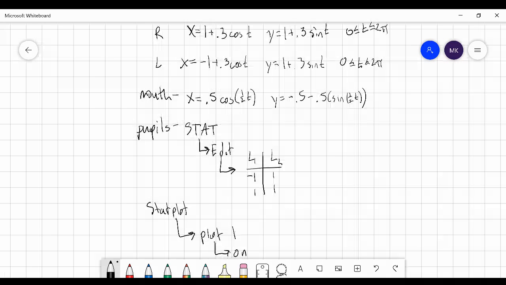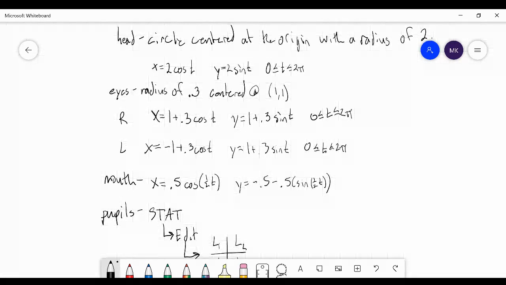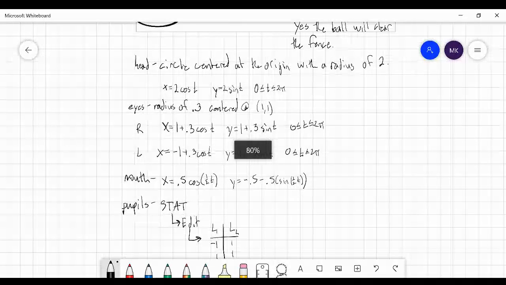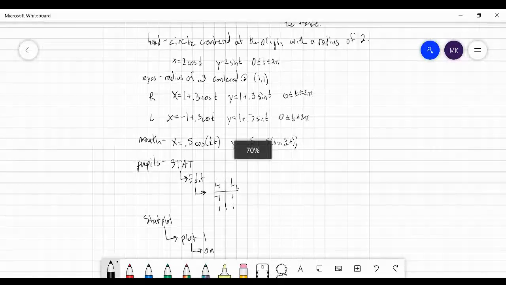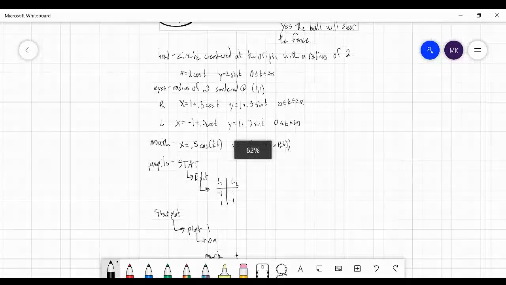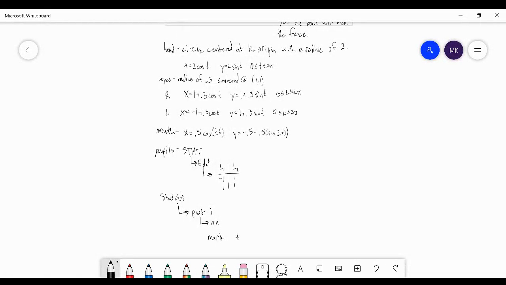So let's type all of these equations into our calculator. Let me zoom back out a little bit so you guys can see. Okay, so we've got 2 cosine t, 2 sine t is our head. For our right eye, it's 1 plus 0.3 cosine t and 1 plus 0.3 sine t.